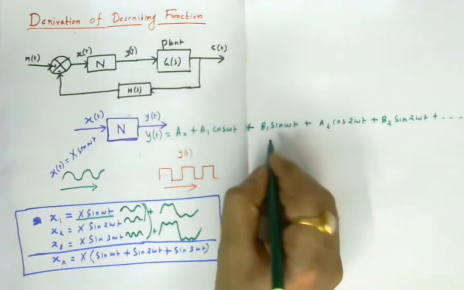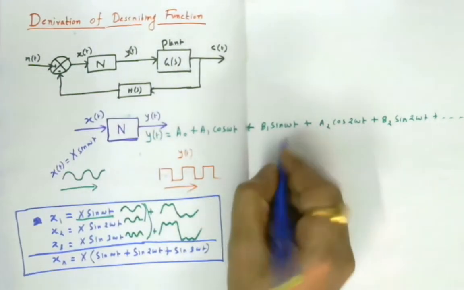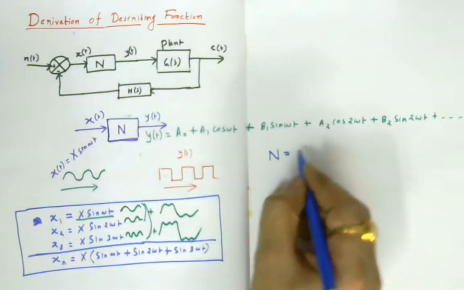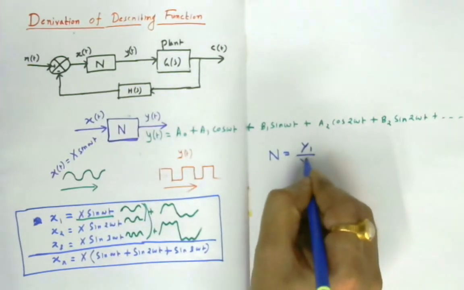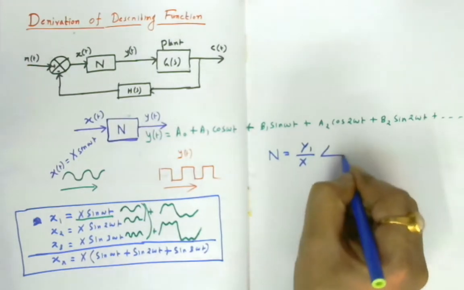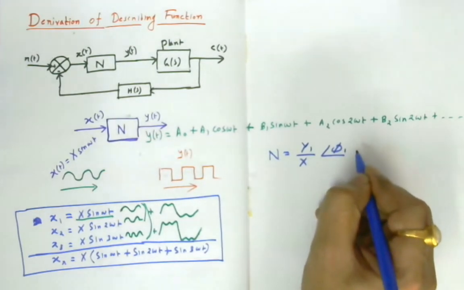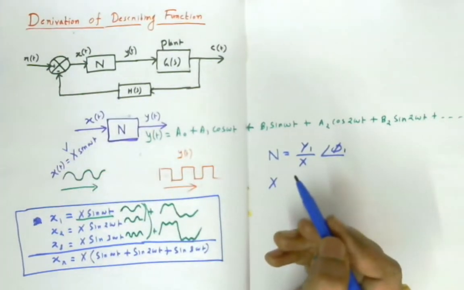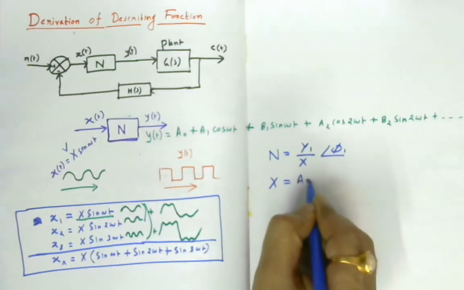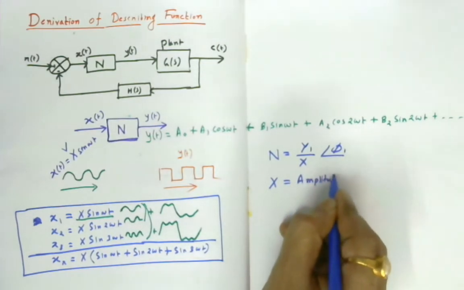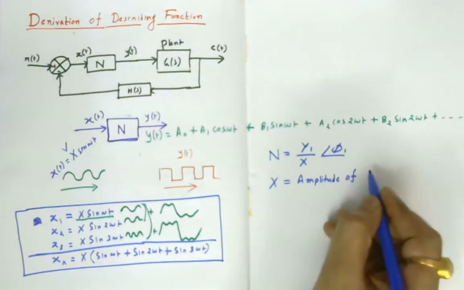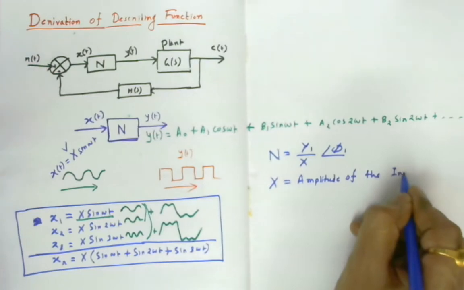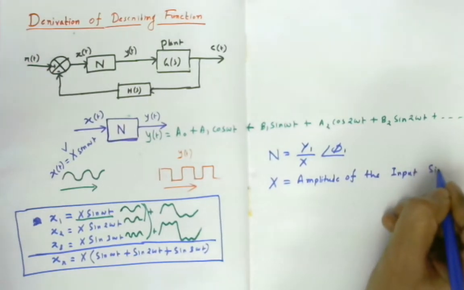So what is N? The definition says that N, which is the describing function, is Y1 by X at the angle of phi 1. So what is X? You have checked that X is the amplitude of the input sinusoid.